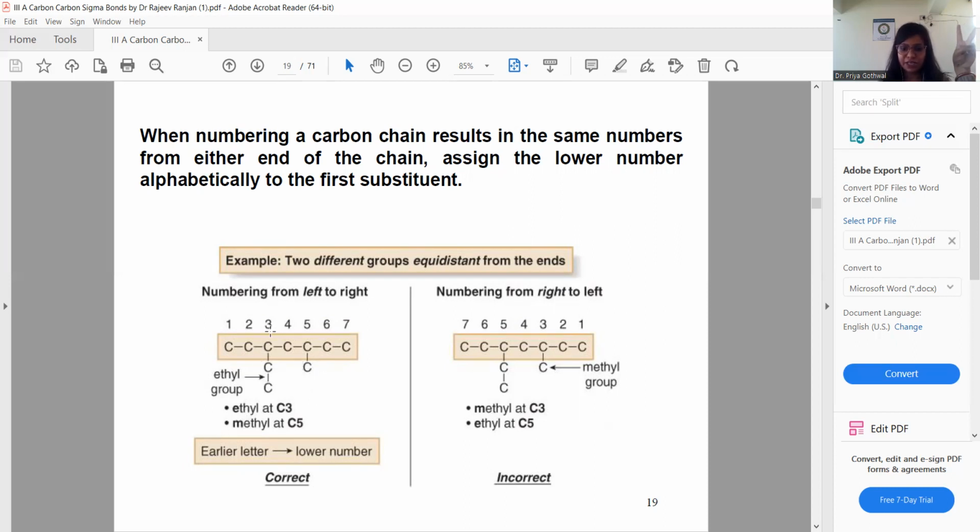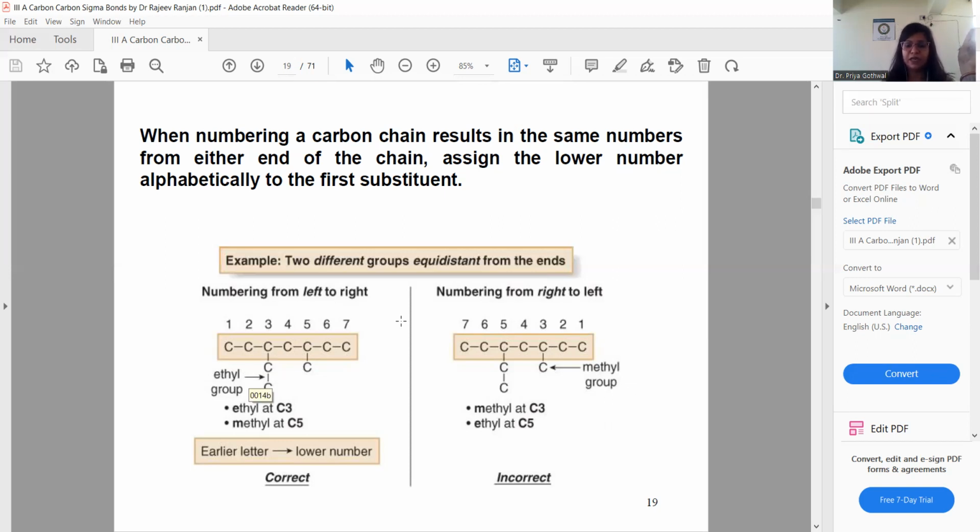Ethyl at C3 position, methyl at C5 position. Earlier letter, lower number, which is the correct numbering according to the IUPAC nomenclature system.